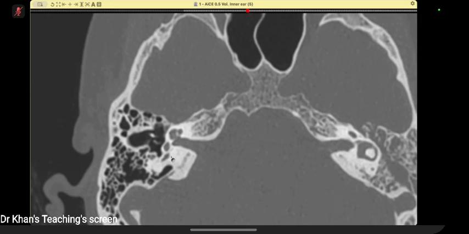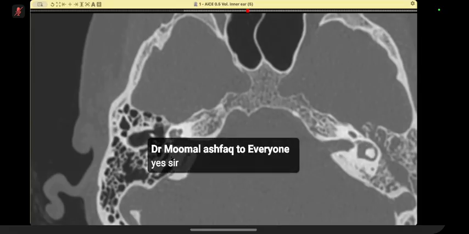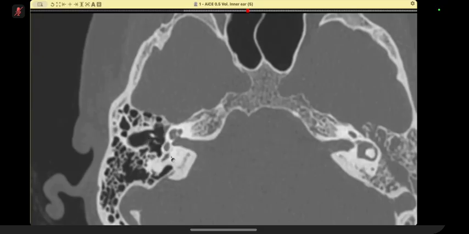I think you want to ask how we concluded that this was a meningioma. The key thing was that it was not glomus tympanicum. Why was it not glomus tympanicum? One thing was the clinical picture.